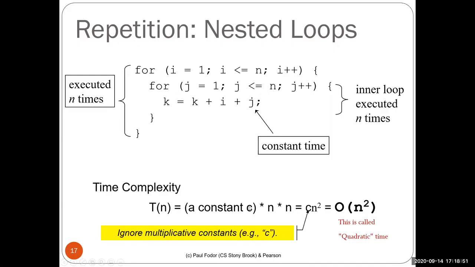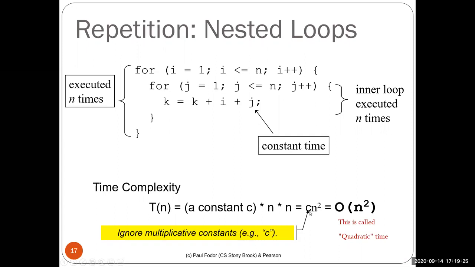So the entire number of times that it takes to execute the entire code, the 2 for loops, is basically a constant c, which is the time that it takes to execute the body of the for loops, multiplied with n for the number of times that it takes for every i to execute the inner loop, and the number of times that it executes the outer loop, which is also n, because i varies from 1 to n, which is equal to cn square.